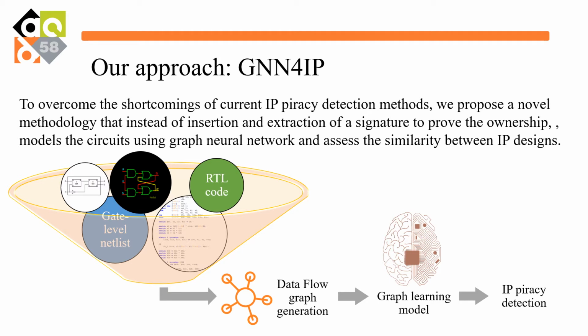That's why we first need to generate a data flow graph representation of the hardware, and then use the graph neural network to learn the hardware behavior from the graph level and generate an embedding for the circuits. Then we compare the circuit embeddings to detect IP piracy. We use graph representation for the hardware because both have a structural data structure, and it can be a natural representation for the hardware.